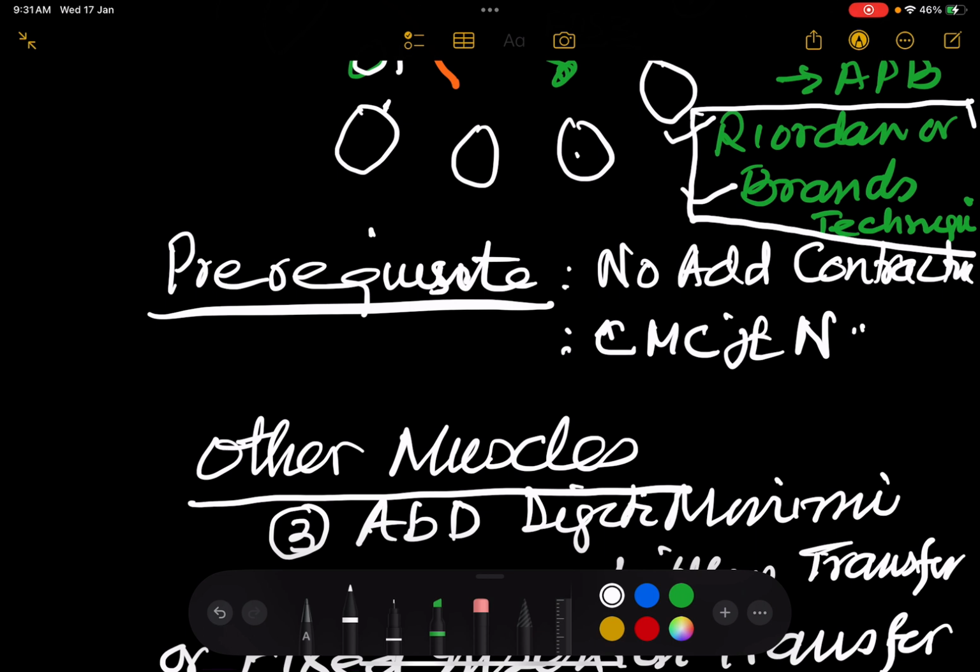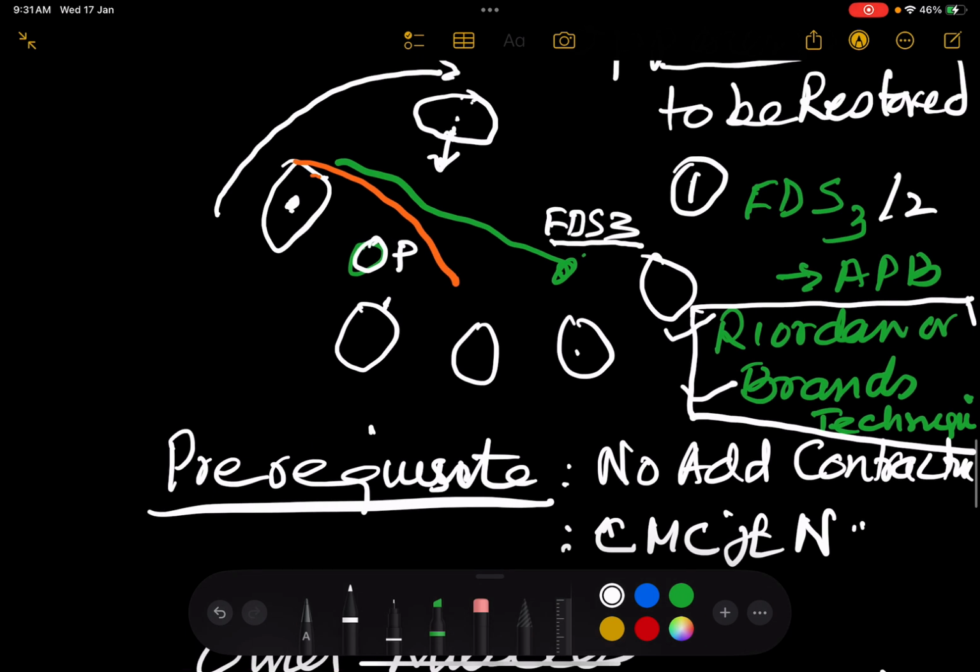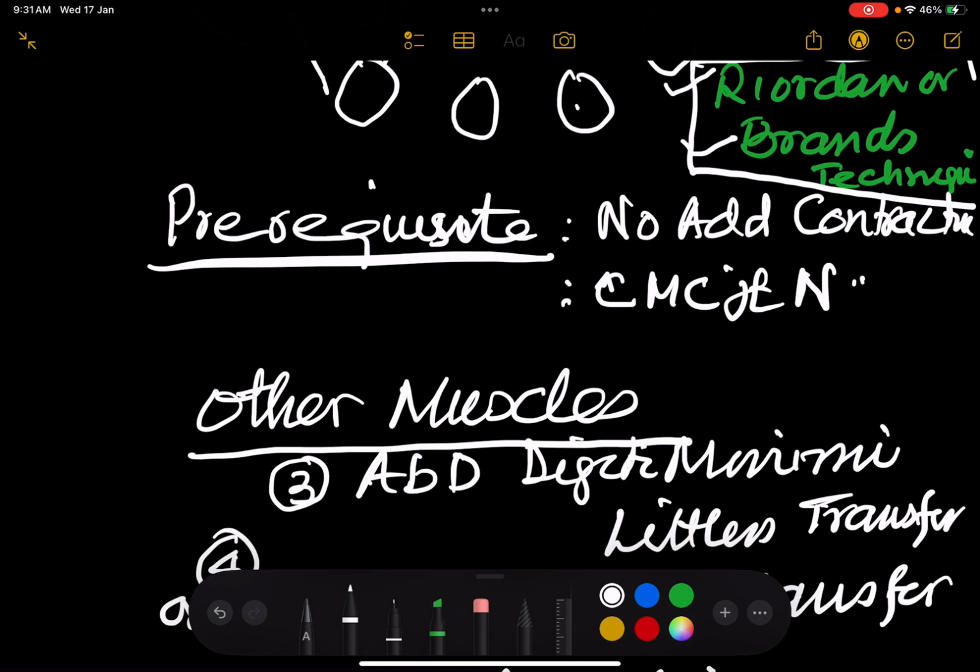The prerequisite is that there should be no adduction contracture. If there's adduction contracture, you would not be able to do this. Then the carpometacarpal joint at which this movement is occurring should be normal, painless and stable.